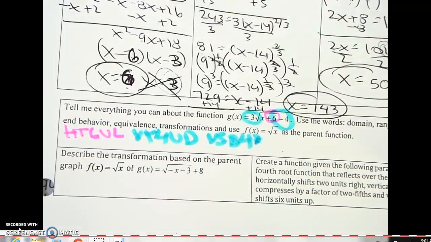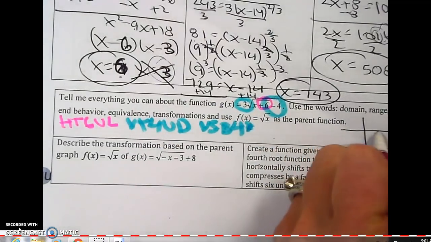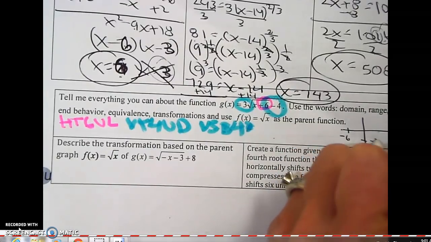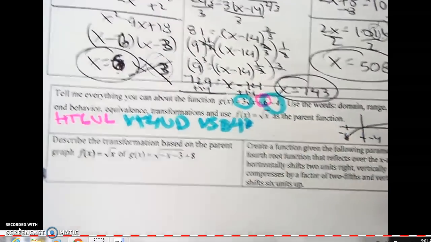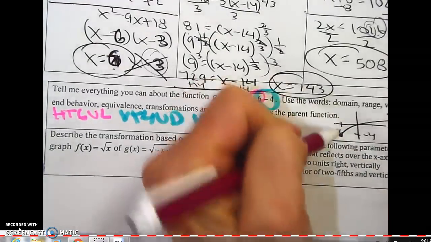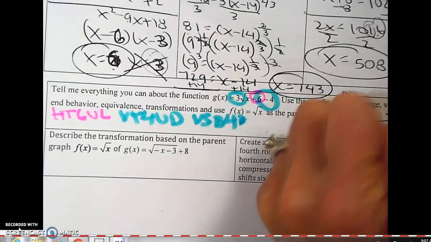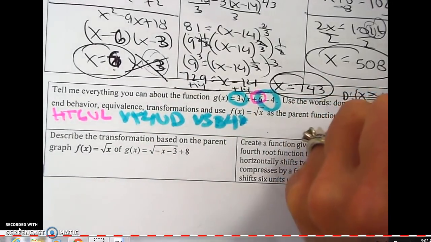Okay. All right, let's fake graph it. If I was to fake graph this, this would be the point -6, -4. So if I look at the domain, it starts at -6 and goes to the right. Therefore, the domain here is that x is greater than or equal to -6.